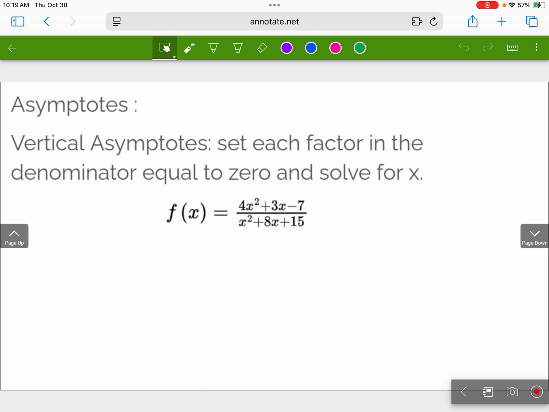So I could just factor my denominator. The only problem is I'm not going to have an asymptote where there is a hole or a removable discontinuity. So I need to factor both numerator and denominator to make sure we don't have a discontinuity first. So asymptotes are where we have the denominator equal to 0, except for where there's a hole.